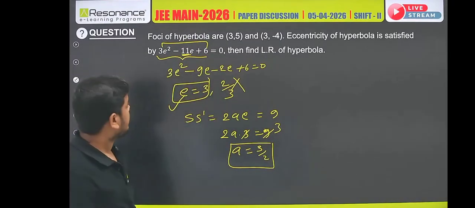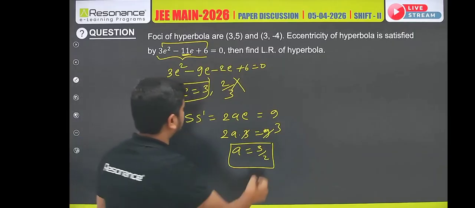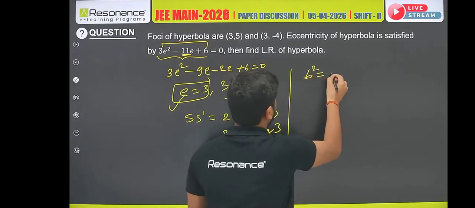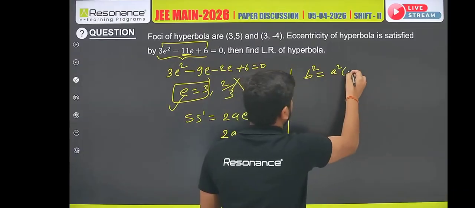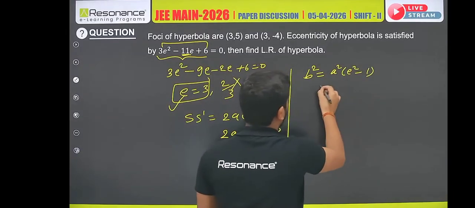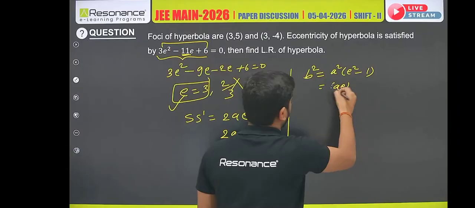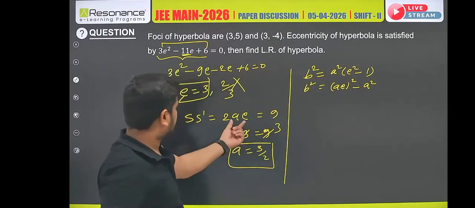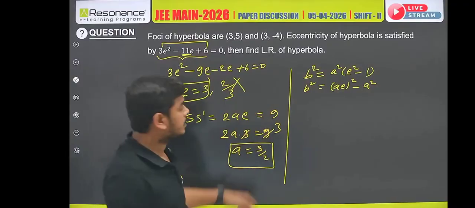Okay. Now you have to find B. So we know that B square is equal to A square into E square minus 1. So from here you will get A square E square minus A square equal to B square. So A E is what? 9 by 2.